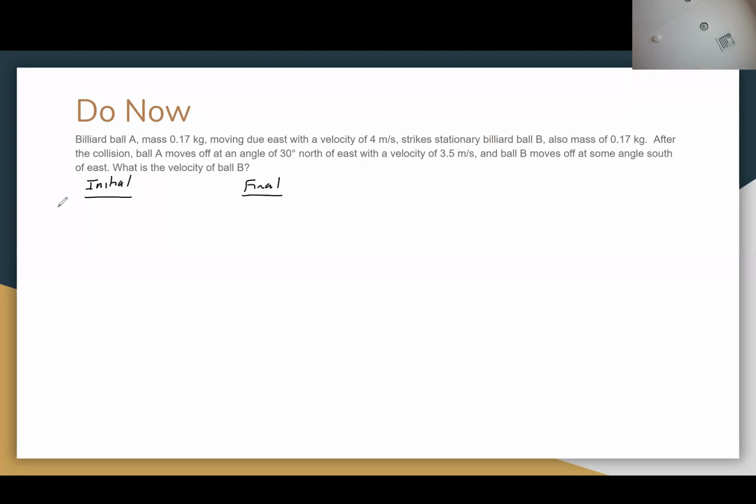Initially we have ball A moving at 4 meters per second, hits a stationary ball B, and at the end, ball A moves off at an angle 30 degrees north of east at 3.5 meters per second, and ball B goes off south of east at an angle that we do not know, at some velocity that we do not know. So our goal is to find out the velocity and the angle.